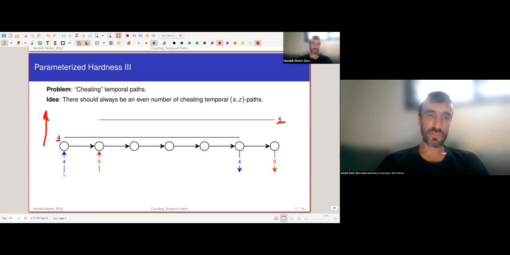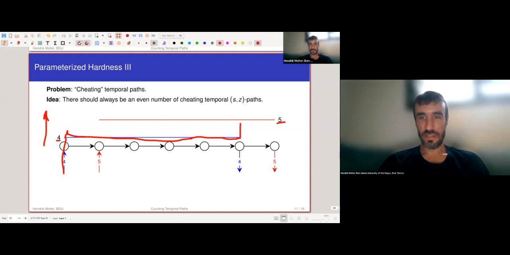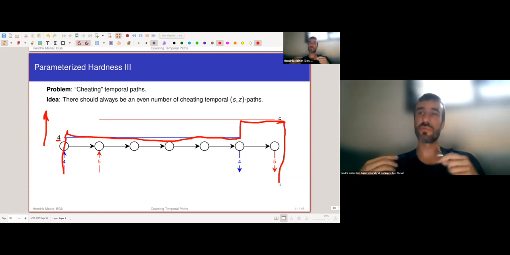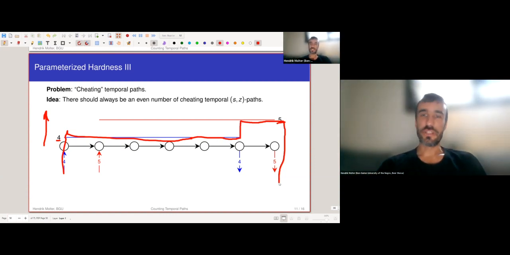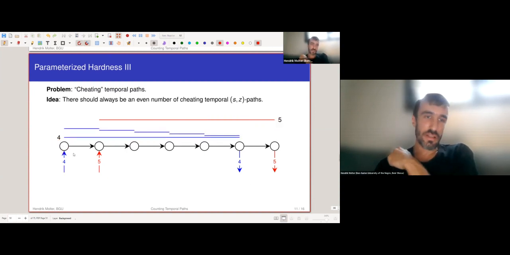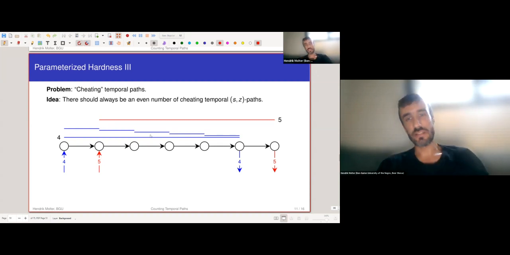What I could do, of course, is go here and then go all the way here, then go that way and arrive here. And that would be a path segment that does not correspond to a vertex in the original graph. So what we did is we added other time labels to these edges, which behave in that way, so they are kind of decreasing.